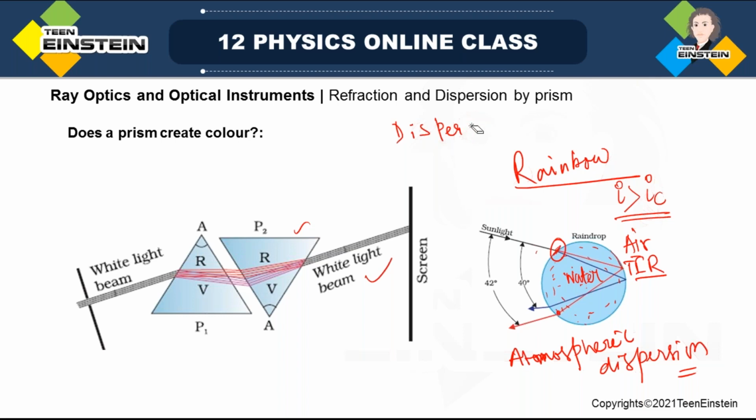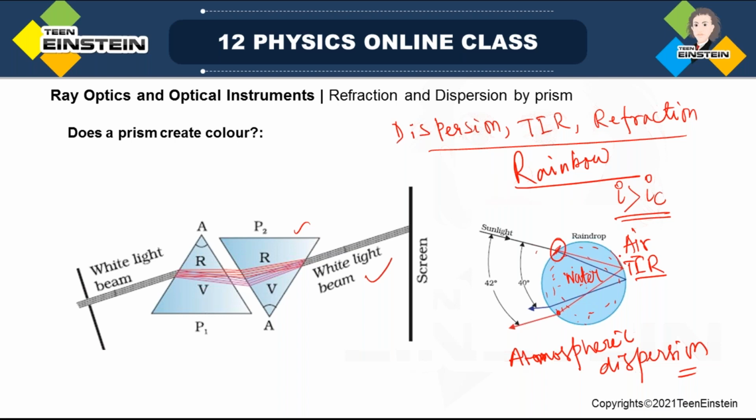First, dispersion happens here. Then total internal reflection, TIR, and then again refraction. So these are the sequence.